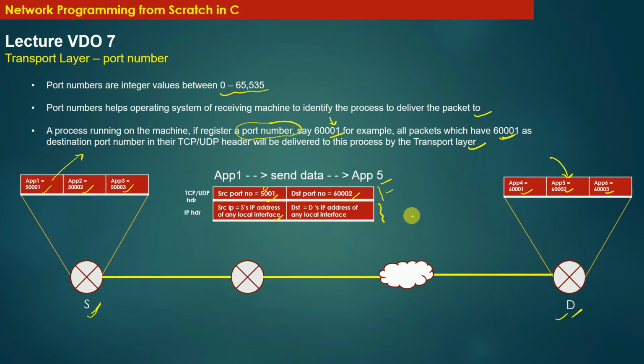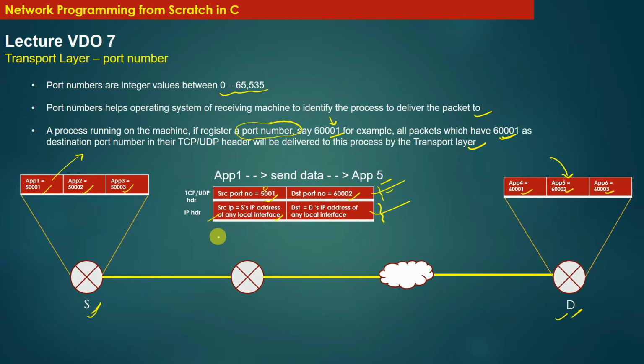So if app 1 wants to communicate with app 5, app 1 has to specify the port numbers as well as the IP address. Then only end-to-end communication between the source application, app 1, and the destination application, app 5, is possible.